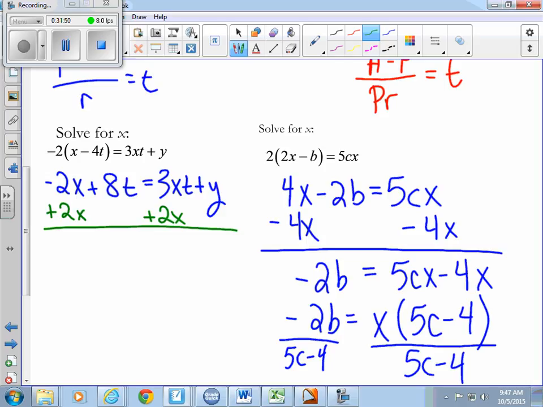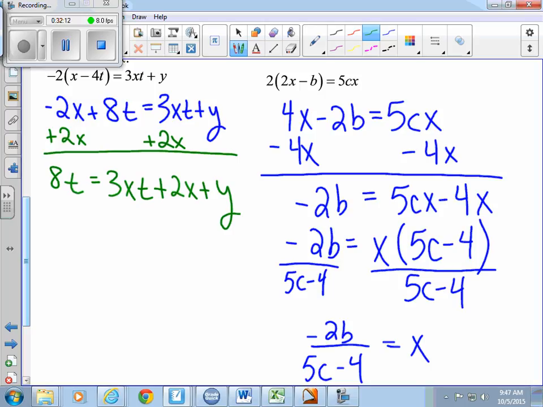You can add multiple things at the same time if you wish. So I get 8t equals 3xt plus 2x plus y. And then I need to subtract the y to get it out of the way.